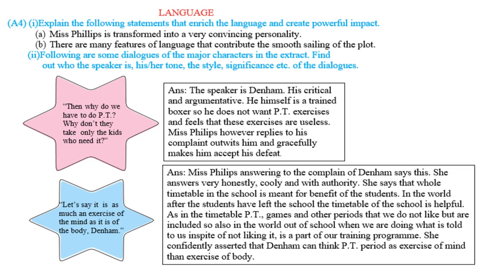Why don't they take only the kids who need it? So this was said by Denham, and the explanation is given on the right side. Next is, let's say it is as much an exercise of the mind as it is of the body, Denham. So this answer is given by Miss Phillips, and the explanation is given on the right side. You can go through it and understand.